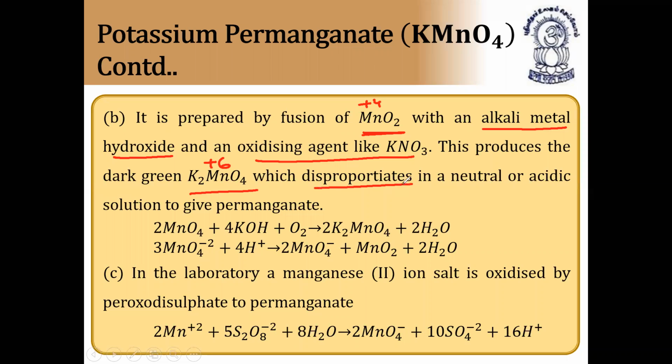It disproportionates, meaning simultaneous oxidation as well as reduction of manganese only, in a neutral or acidic solution to give permanganate.